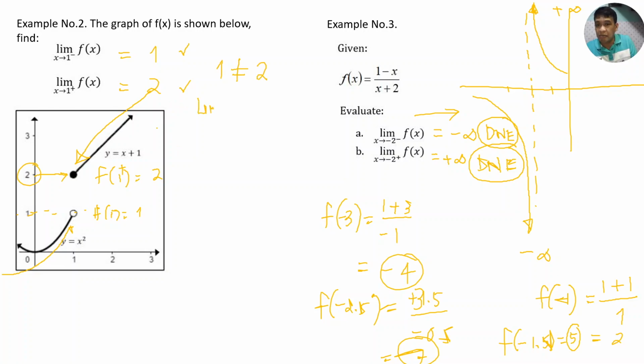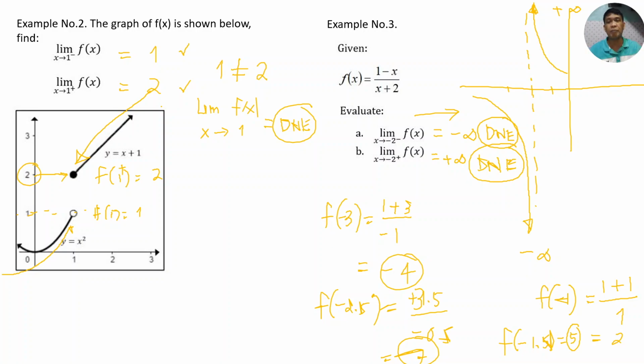Thus, ang limit of f of x as x approaches positive 1, wala na tayong minus na superscript at saka positive na superscript since ang kinukuha na natin as x approaches 1, does not exist because yung limit na ina-approach nila from the left and from the right ay hindi magkaparehas na value.